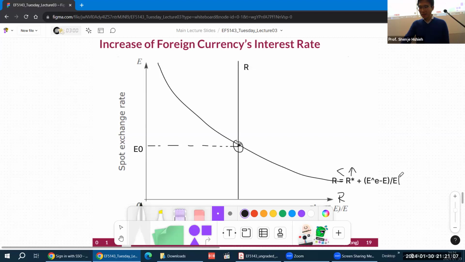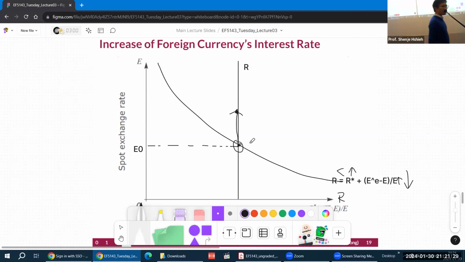So E actually has to increase, which decreases everything on the right-hand side. In summary, an increase in R star must lead to an increase in E. Holding R constant, I'm jumping up to this new point here, some higher level of E.